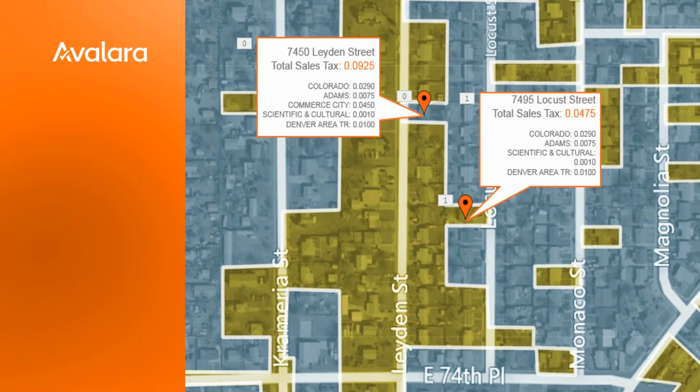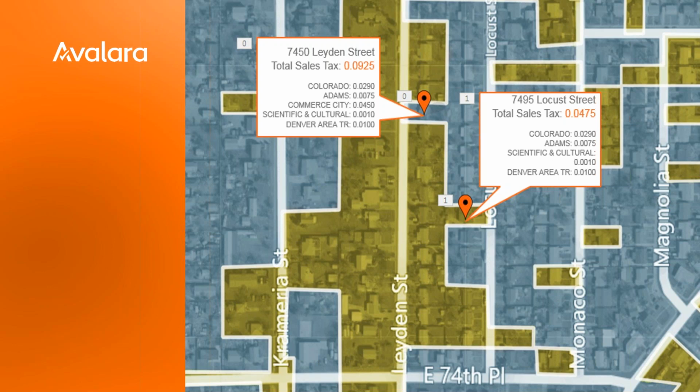And I'm going to show you why. This is an overhead view of a neighborhood in Commerce City, Colorado. You'll see that there are 2 particular houses that are pointed out. The 7450 Layden Street address, which you'll see on the left there, the sales tax is 9.25%.